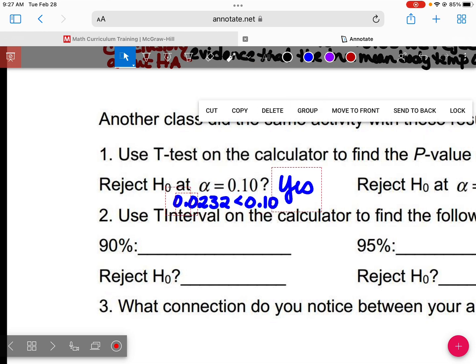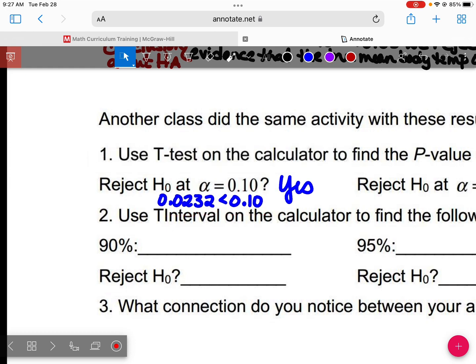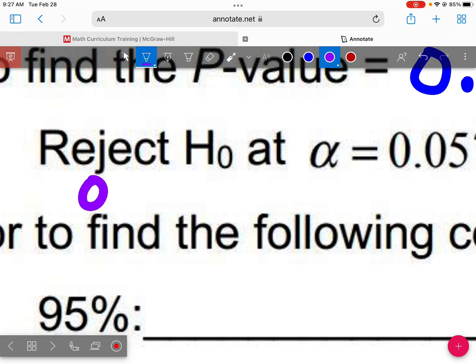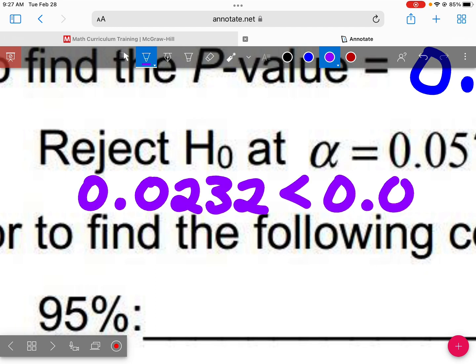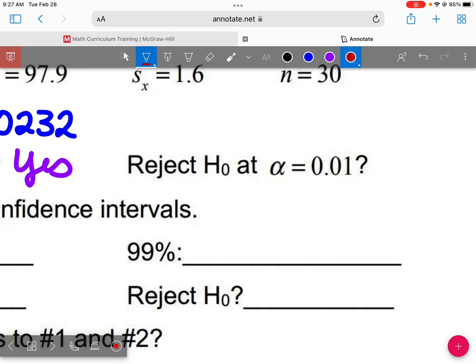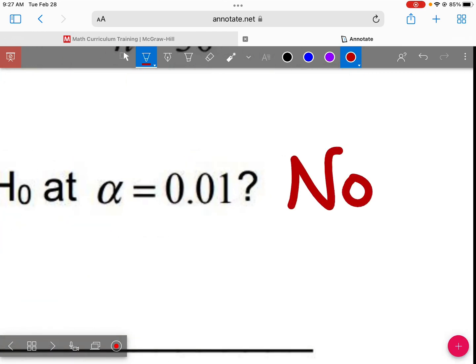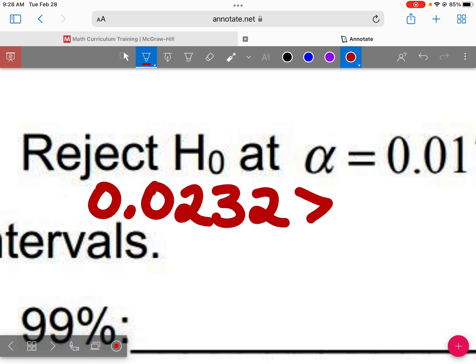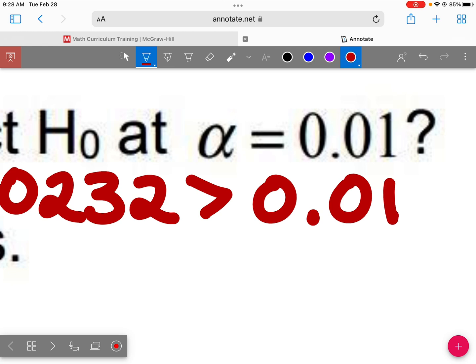Yes. 0.0232 is less than 0.05. Would we reject at an alpha level of 0.01? No. 0.0232 is greater than 0.01.